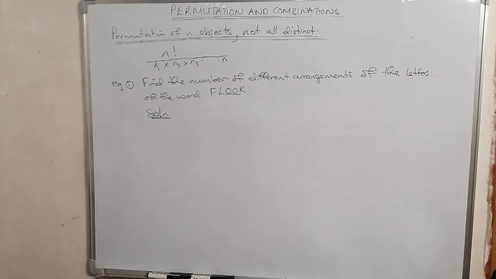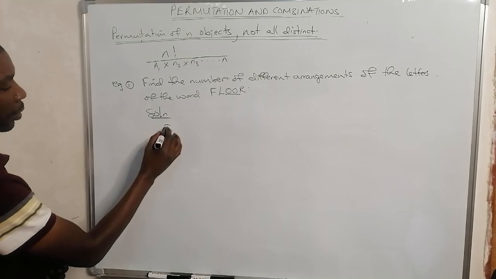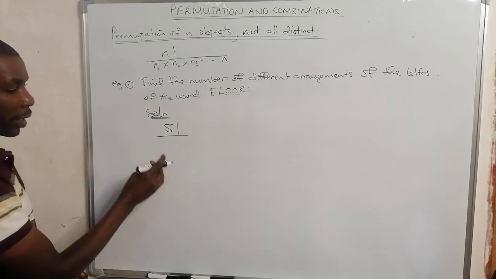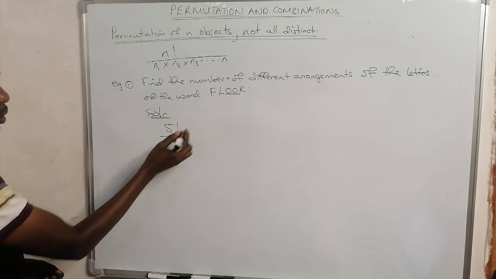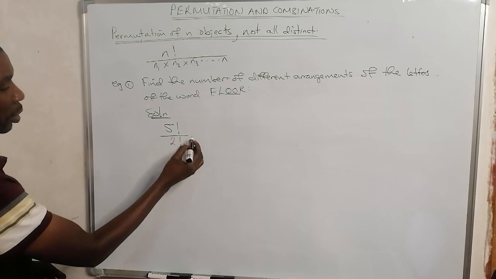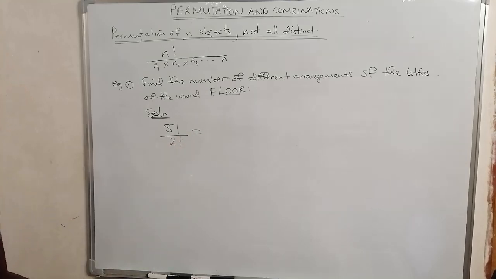So the number of arrangements, since the letter O appears twice, is 5 factorial, because we have 1 2 3 4 5 letters, divided by 2 factorial for the repeated O's.